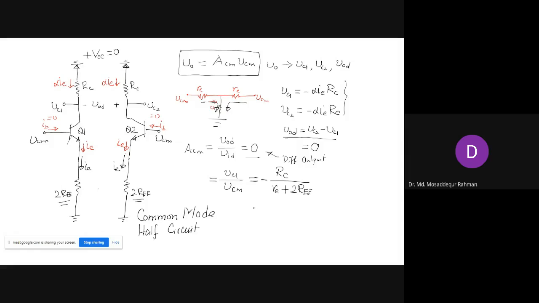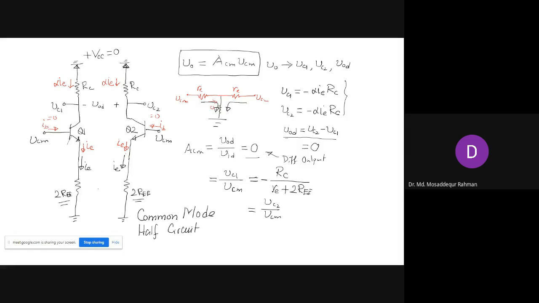Now that will be same for the other one, just VC2 by VCM. That will also have the same gain expression, because everything is same for the two circuits. So the common mode gain for both the outputs from the collector terminals are same, right? That is RC divided by 2 RE.